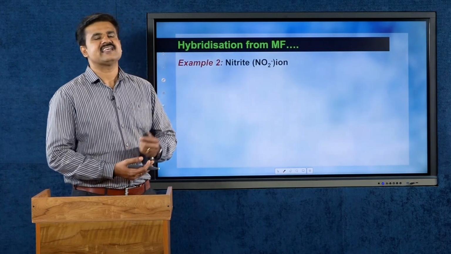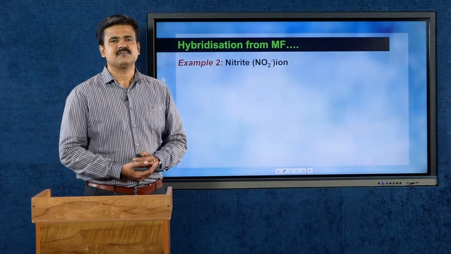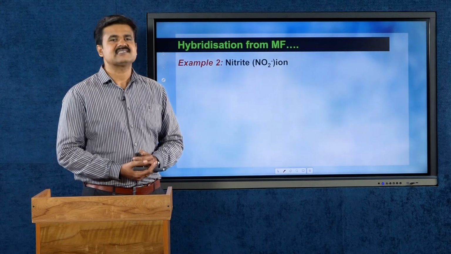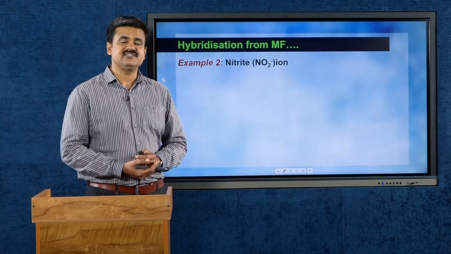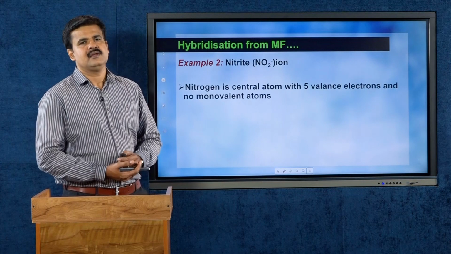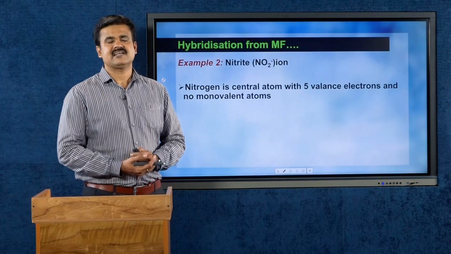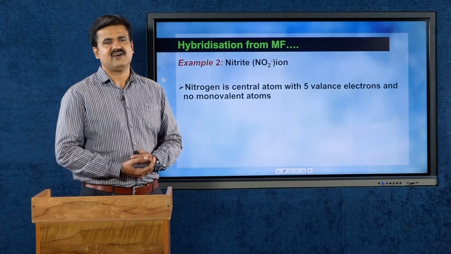Now, we are taking another example, that is nitrite ion. Nitrate ion is NO3 minus and now we are taking nitrite ion as the example. Nitrogen atom is again the central atom and you know that nitrogen has 5 valence electrons.